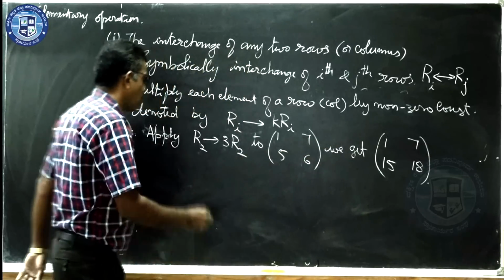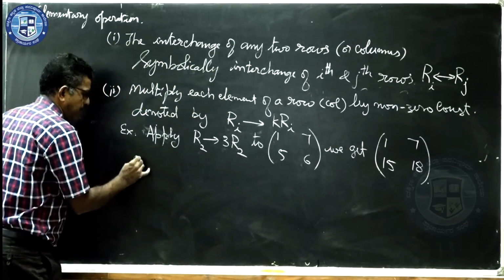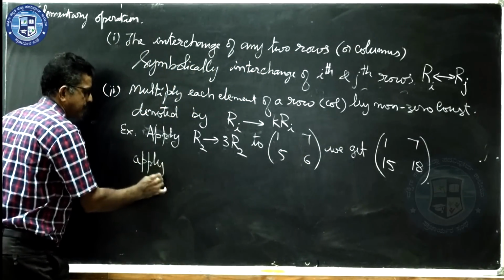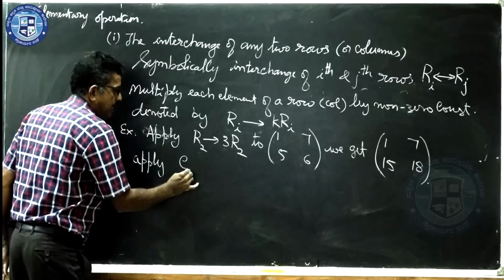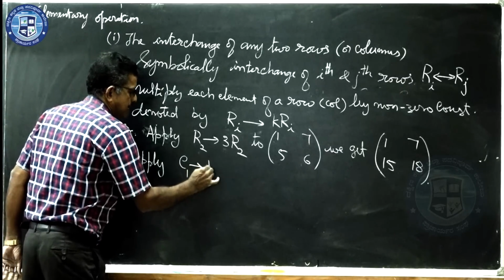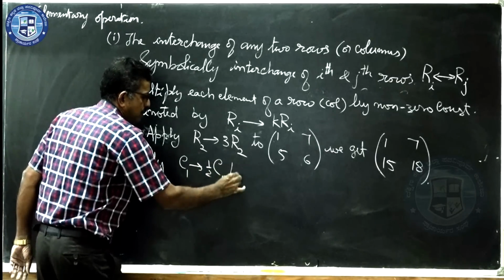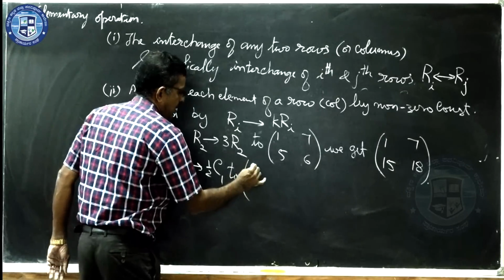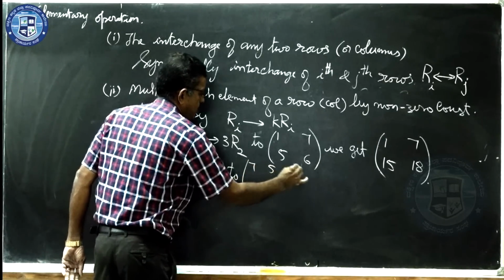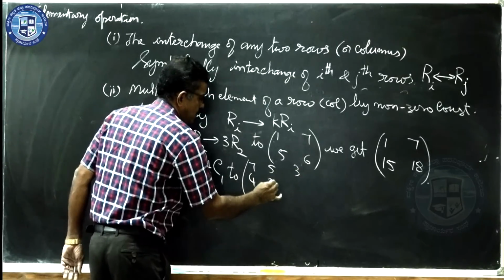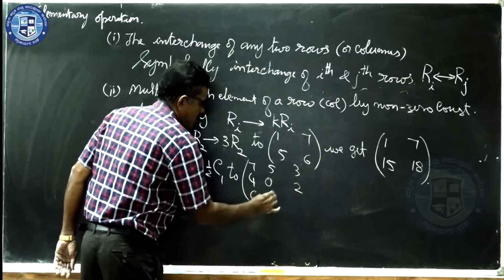You can apply it for columns also. Suppose I ask you to apply C1 becomes half of C1 to the matrix 7, 5, 3, 4, 0, 2, 6, 1, 3.